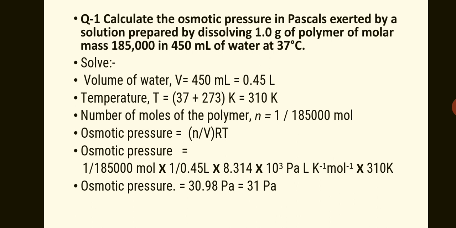In the question, the given volume of water V is equal to 450 ml, so we will convert it into liters. If we divide 450 ml by 1000, we will get 0.45 liter. Now temperature is given in degree centigrade, so we will convert it into the Kelvin scale by adding 273. If we add 37 plus 273, we will get 310 Kelvin.